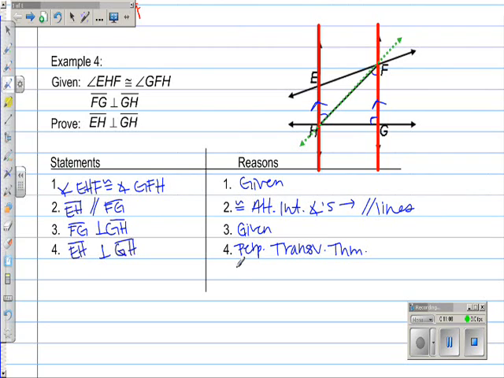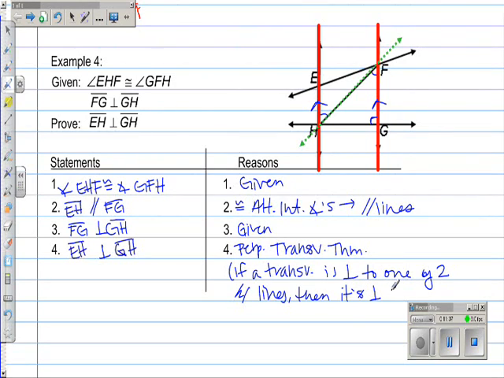Which basically says if a transversal is perpendicular to one of two parallel lines, then it's perpendicular to the other line.